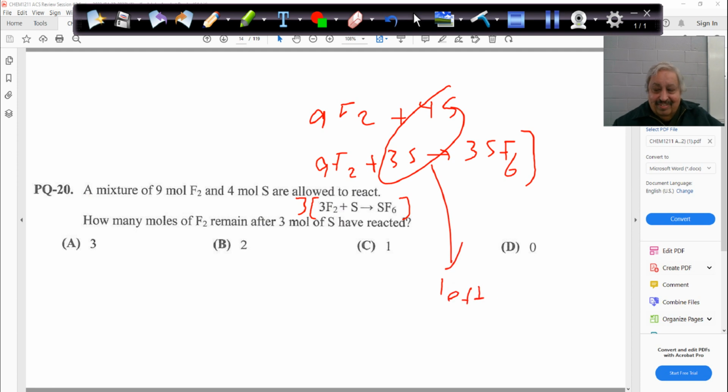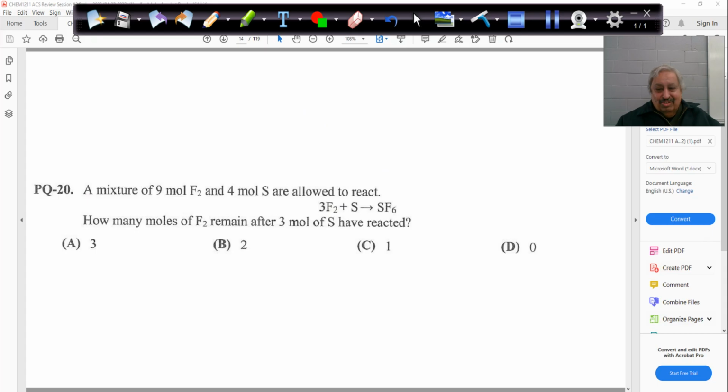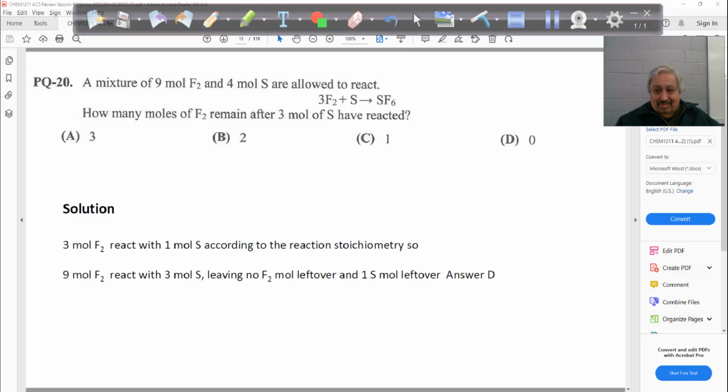How many? 4 minus 3 will be 1. And here, 9 minus 9 makes what? 0. That's not really calculation, that's just analytical thinking. The answer is 0 here. Don't worry, those types of questions will not come.